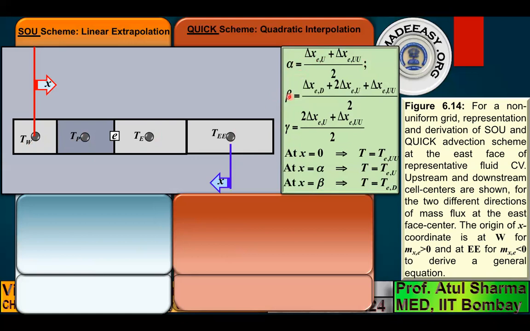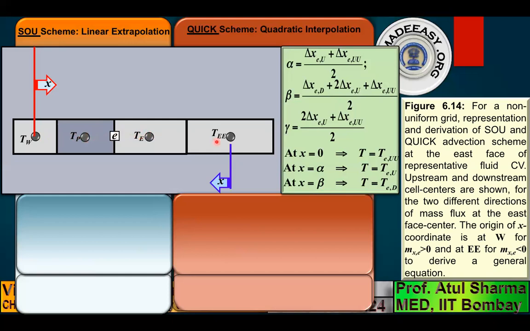Now, for beta, this is the distance from here to here for flow in the positive x direction, and if it is a negative x direction, this is the distance from here to here. Beta is the x coordinate here, which is delta x w by 2 plus delta x p plus delta x e by 2.